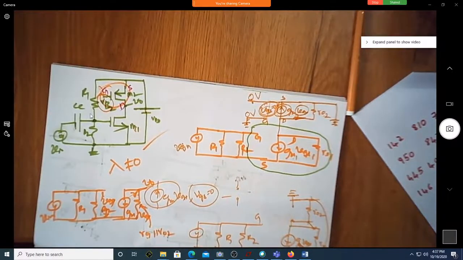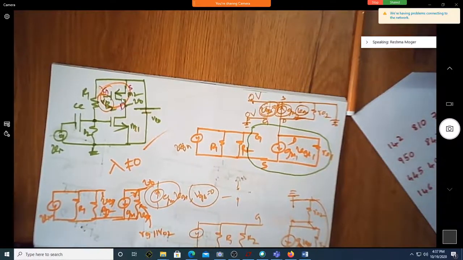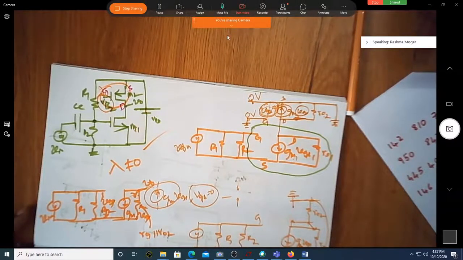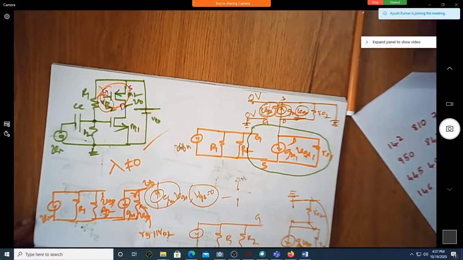Yes, of course, we were trying to write the small signal model for this particular CS amplifier with load as a P MOSFET. Correct? Yes, sir. Is that lagging still there? Not that much. It's better.